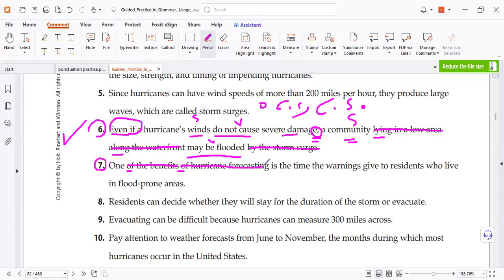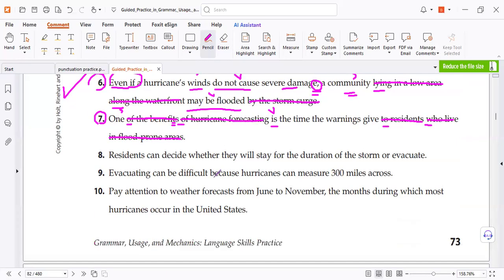Delete the phrases to find the subject and verb. Look, preposition phrase, relative clause, we delete it. So what is left? One is the time. The warning is given. Yes, the time when the warning is given. So here we find this verb. So it's singular.